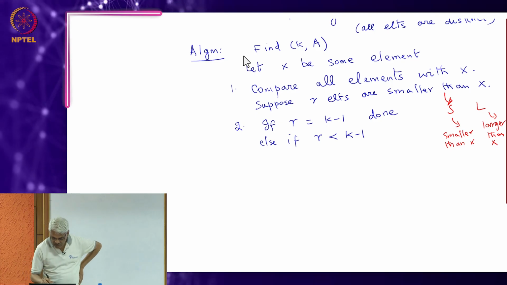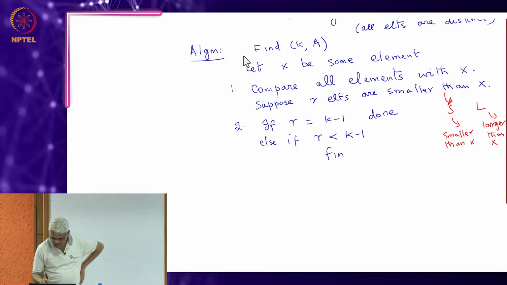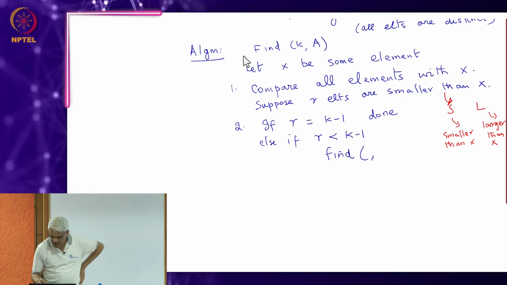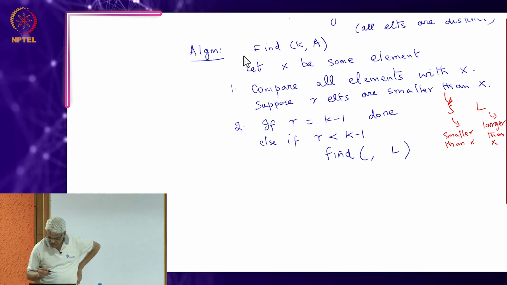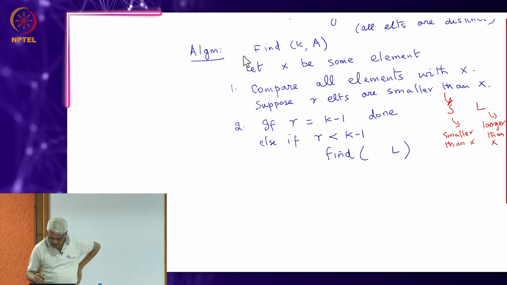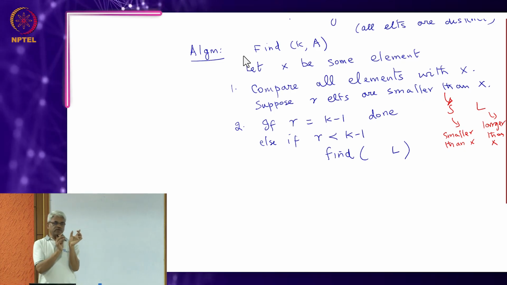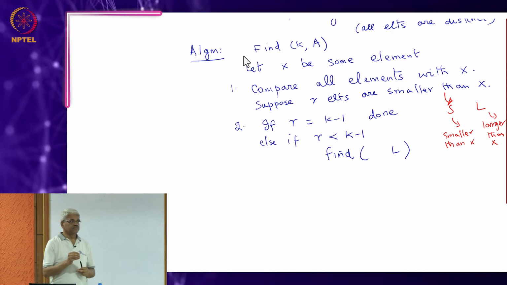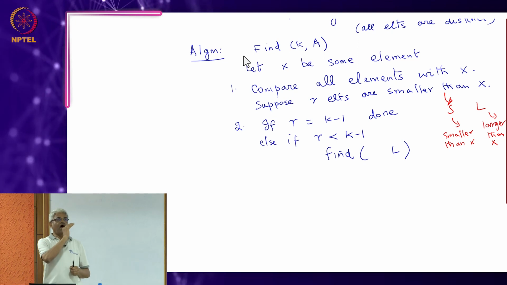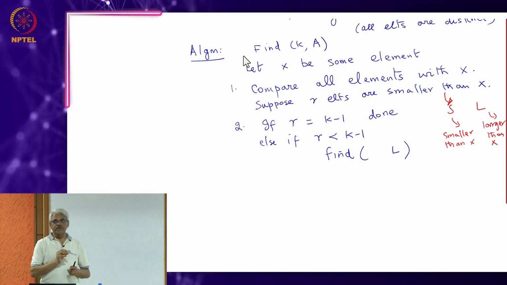In the L array, what do I look for? r is less than k minus 1. k minus r, exactly. Is everybody with me on that?